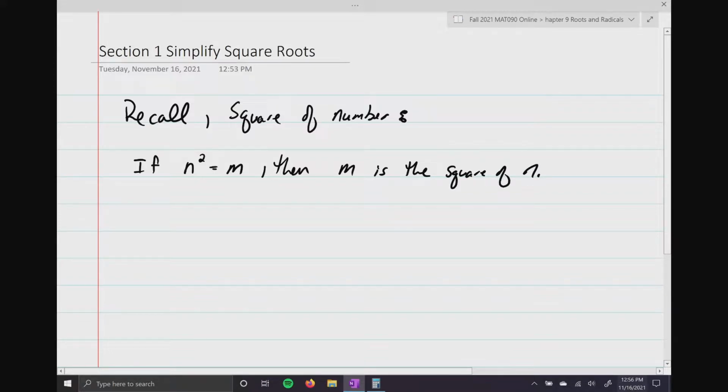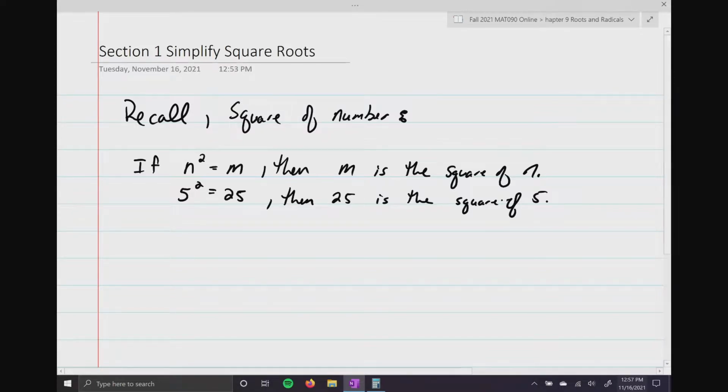In other words, and I think it's always good if we use real numbers, if 5 to the second power equals 25, then 25 is the square of 5. So hopefully now with the numbers, it makes sense of what's happening.